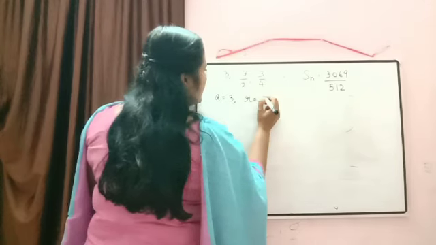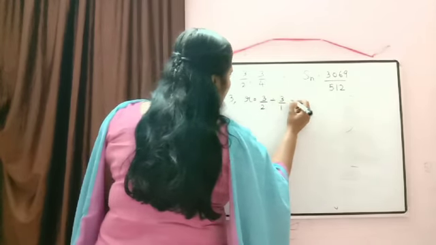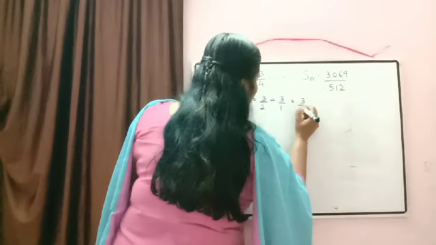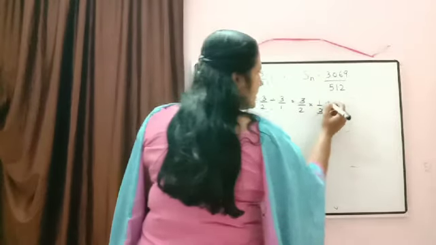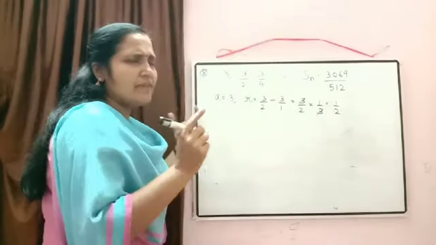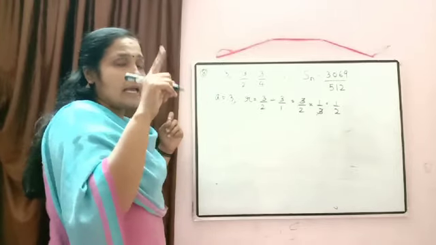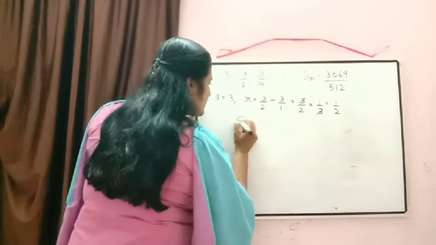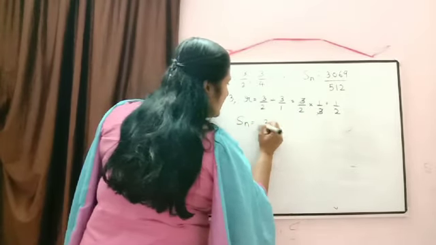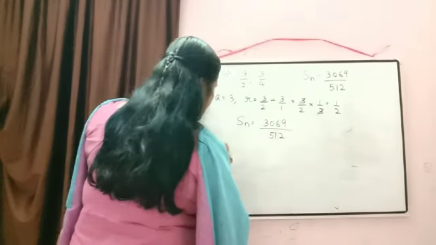Common ratio R: second term 3 by 2 divided by 3 by 1. So change the division into multiplication. We'll get 3 by 2 into 1 by 3. 3 and 3 will get cancelled. We'll get 1 by 2. So if the common ratio is less than 1, then we can use the formula A into 1 minus R raised to n by 1 minus R. So just to write down, Sn is equal to 3069 by 512, as given.